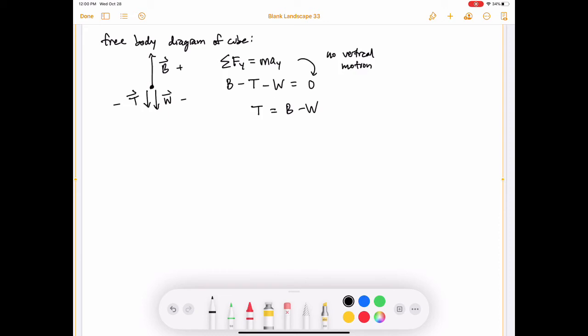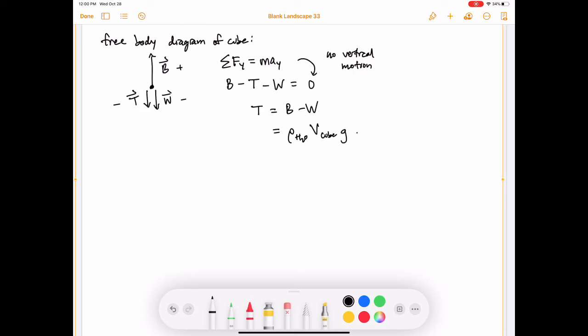So here we go. For the buoyant force, this would be the mass of water that the cube is displacing. That would be the density of the water, let's call this rho H2O, times the volume of the cube, because it's fully submerged, so that's the volume of water we displace, times g. That's the buoyant force.